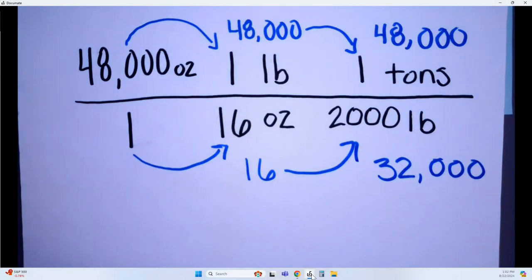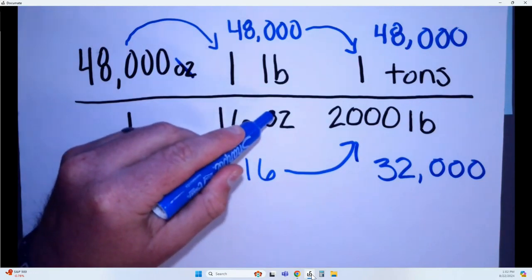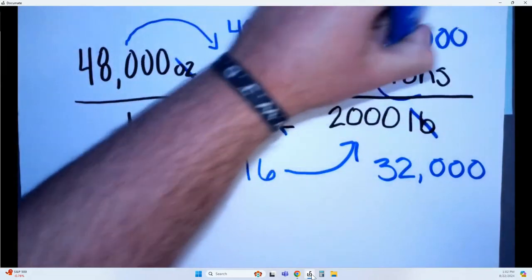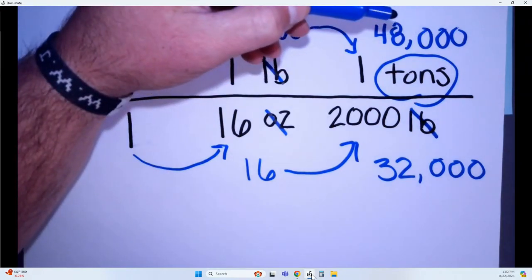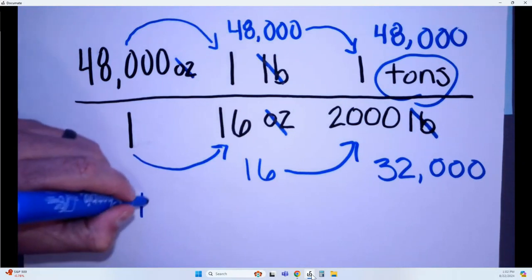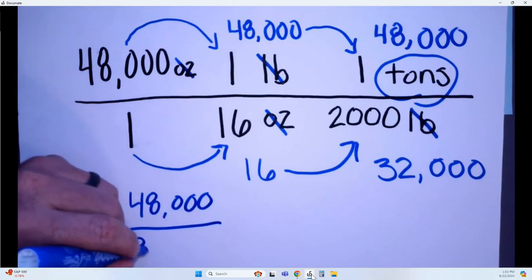Now I have to go through and cross out my like units. So I'm going to cross out ounces and ounces, pounds and pounds, and that leaves me with tons. That's what I wanted. I wanted to go from 48,000 ounces to tons to figure out how much the female hippopotamus can weigh. Now that I have my numerator and denominator, I see I have 48,000 over 32,000.